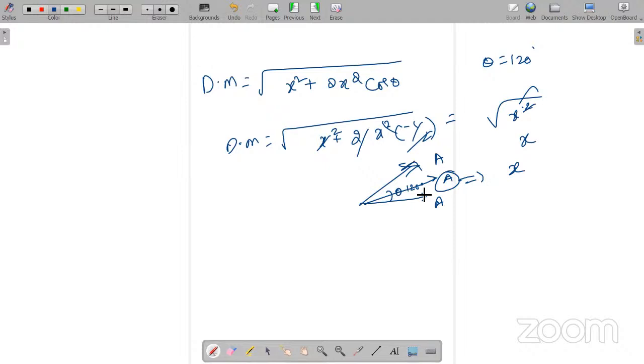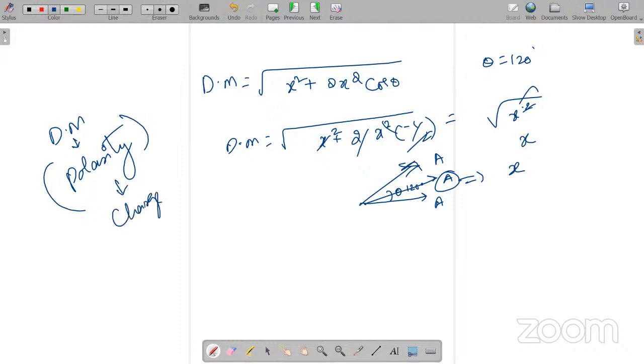So we have seen the bond angle, bond strength, and covalent character, and then dipole moment. Dipole moment helps in the polarity. How does dipole help in polarity? Because this is a charge transfer phenomenon.